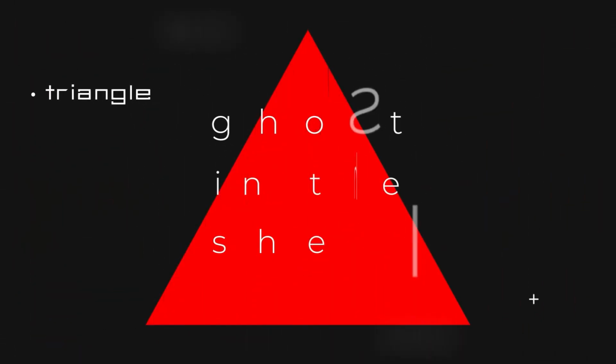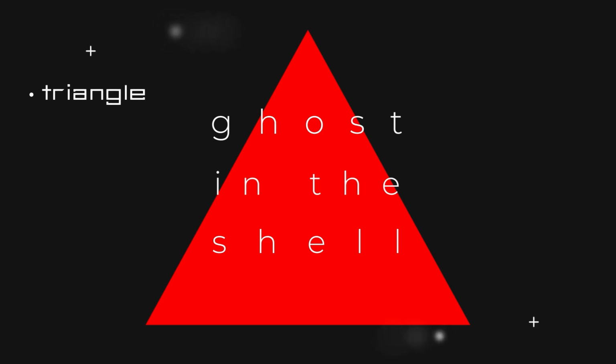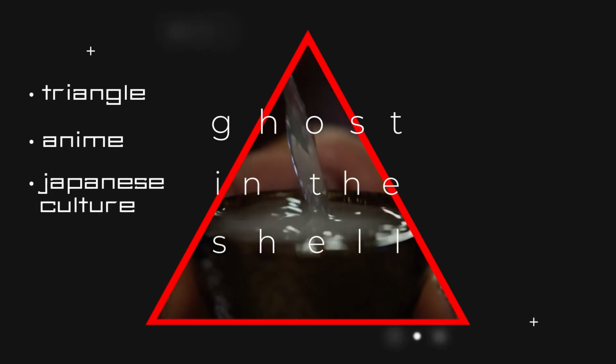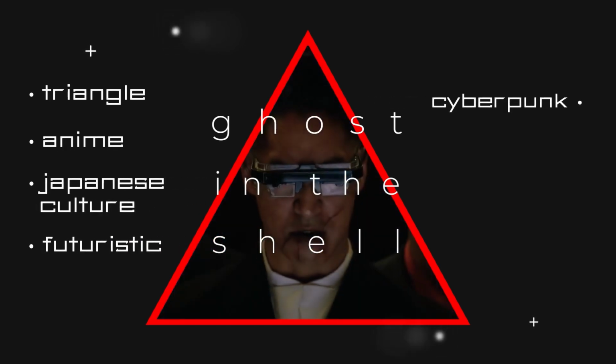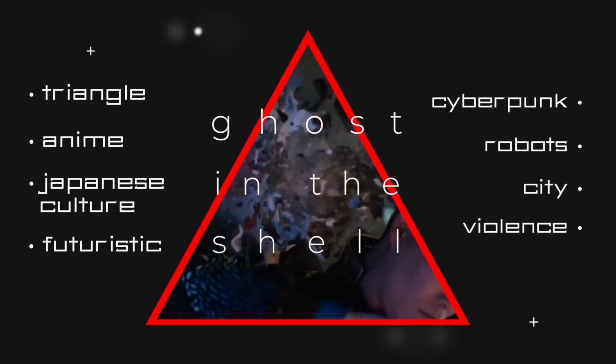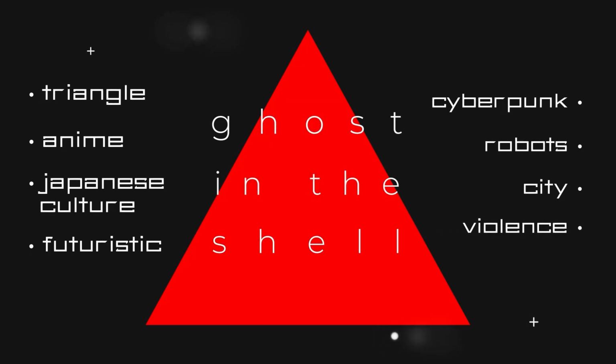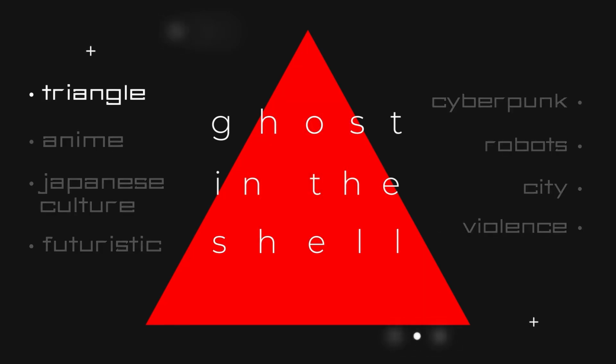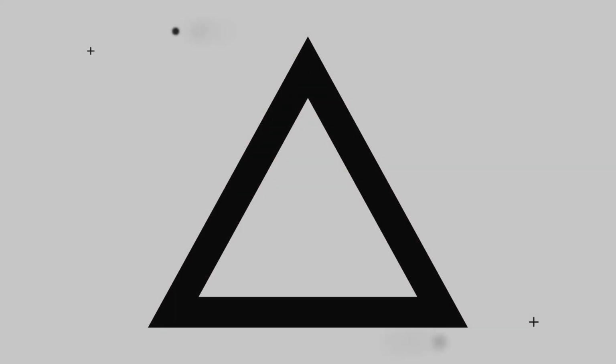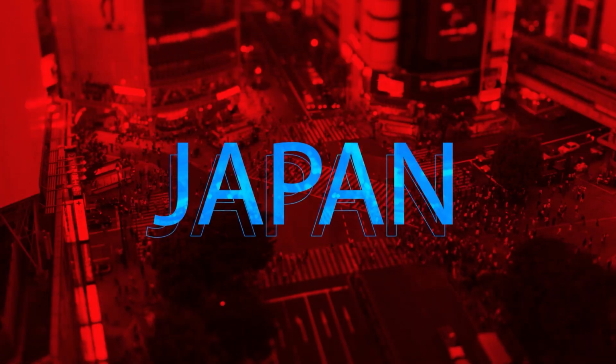Thinking about keywords, I came up with triangle, which is a huge geometric influence in both the animated version and recent remake. Anime, Japanese culture, futuristic, cyberpunk, robots, city and violence. Thinking about geometry once more for this logo, the triangle seemed like a nice way to start. I then considered the underlying foundations of the movie, that being in Japan.